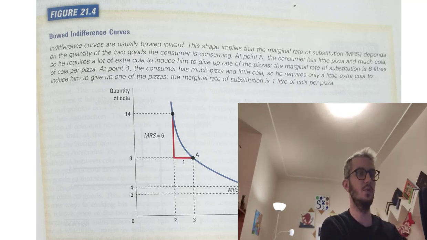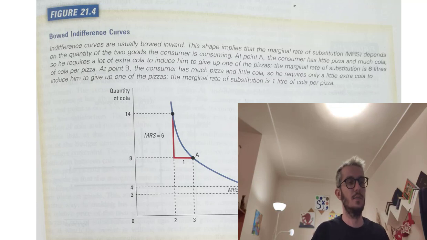At point B, the consumer has much pizza and few cola, so he requires only a little extra cola to induce him to give up one of the pizzas. So this is the concept of marginal rate of substitution and why the indifference curve is bowed.